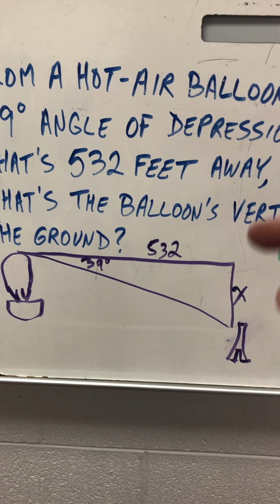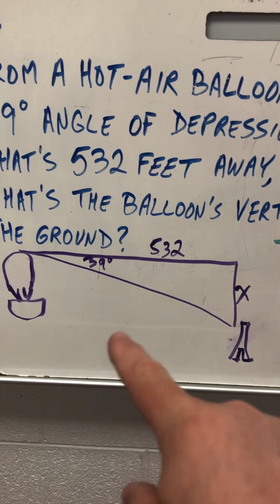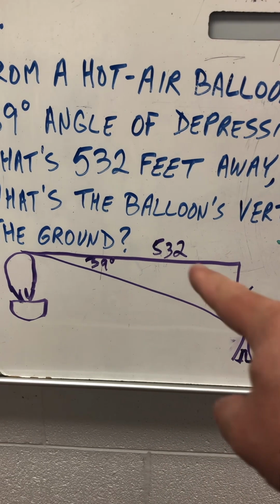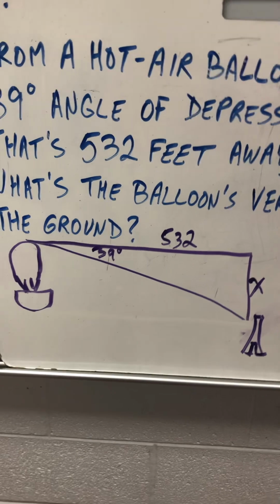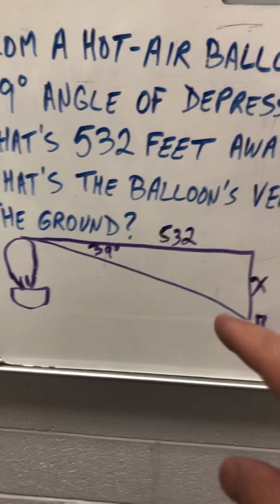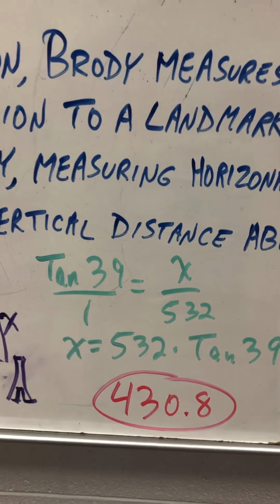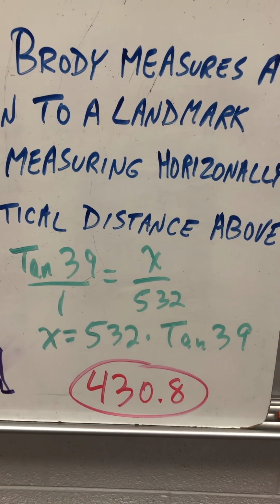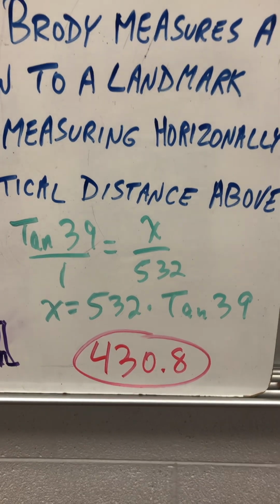How high is that distance above ground? Okay? So here's opposite, this is adjacent, we're going to use tan. So tan 39 equals x over 532, right? X equals 532 times tan 39, you get 430.8.